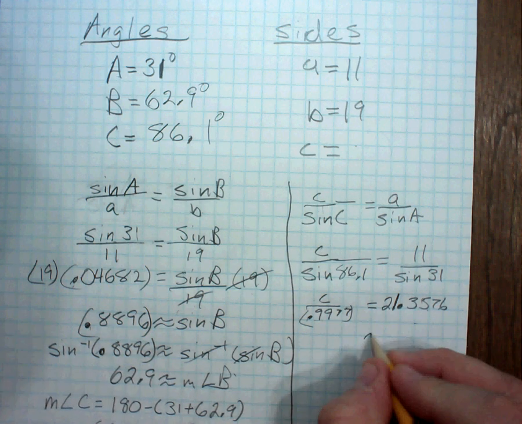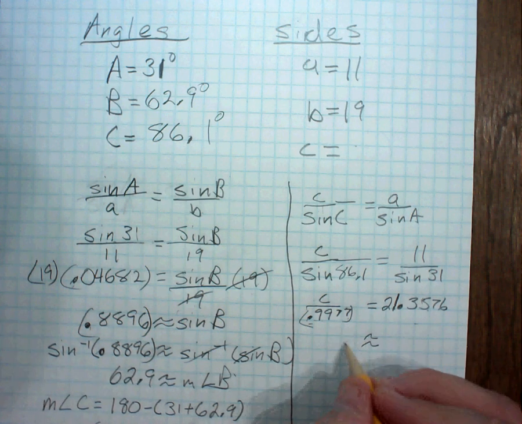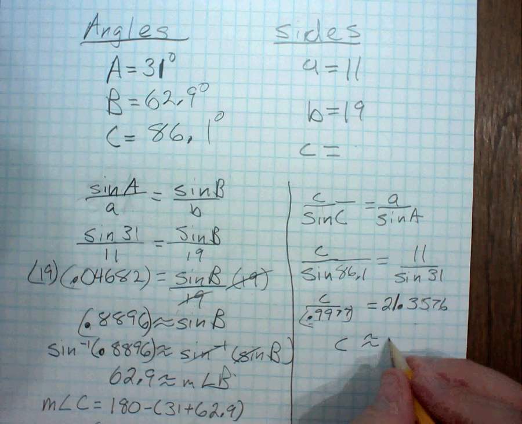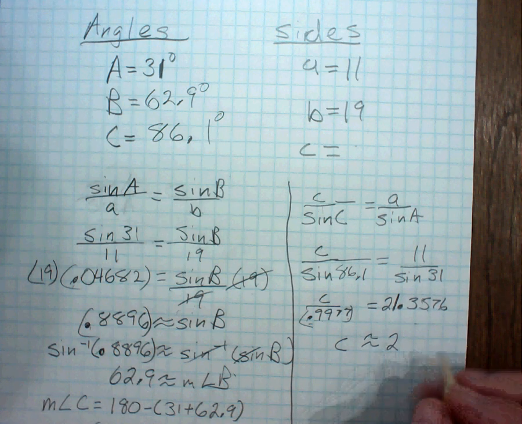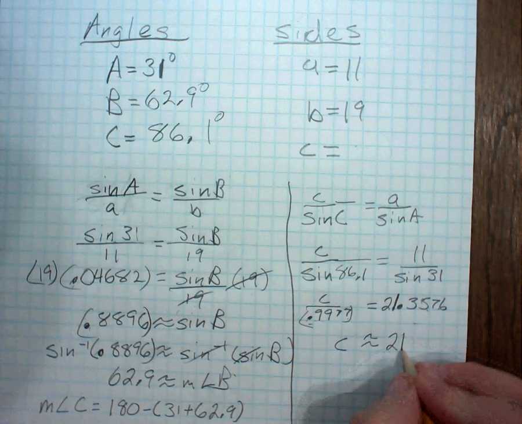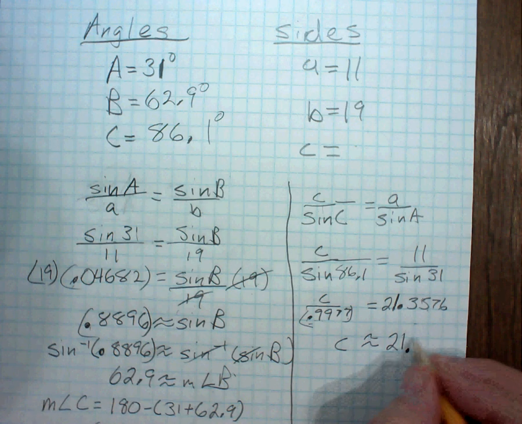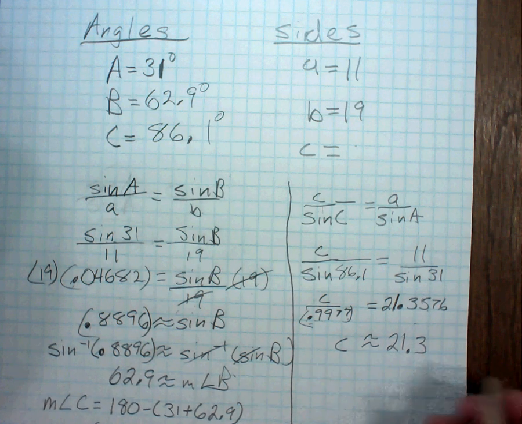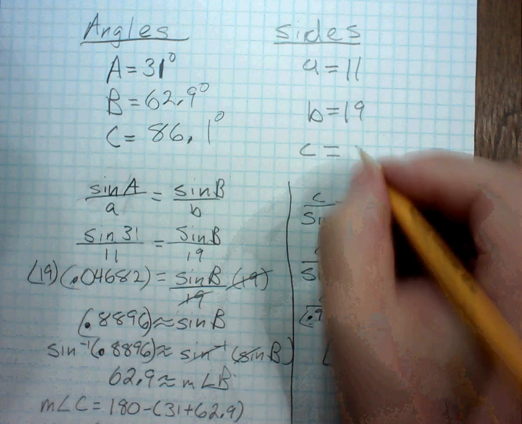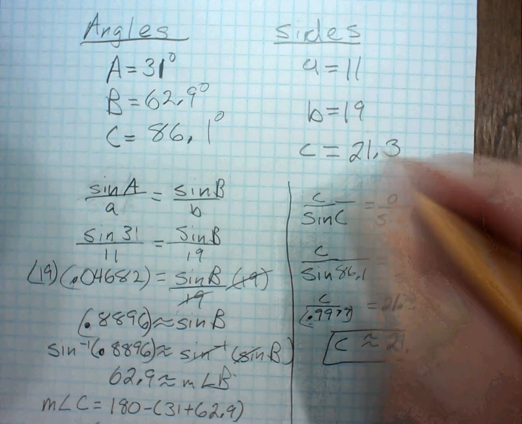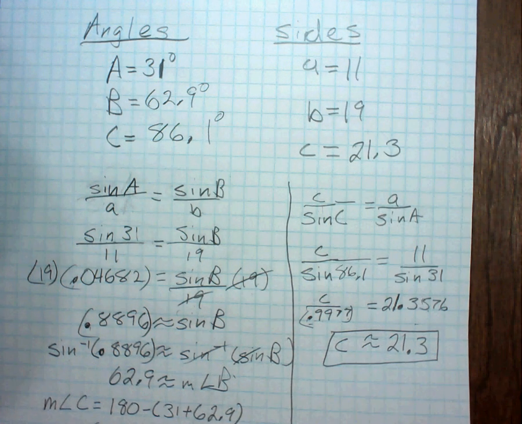It's really pretty, because it's almost 1 when you look at it. So all it did was bump it down a little bit, to 21.3 if I approximate it. And that's it.